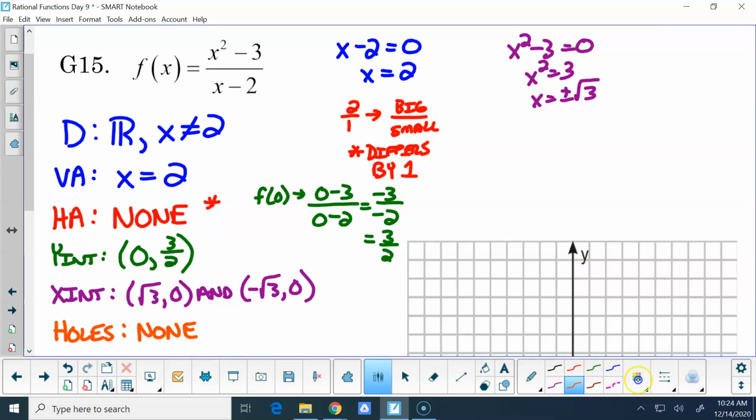Step 6 says we need to find the slant asymptote. So we're going to take x minus 2 and divide it into x squared plus 0x minus 3. Now we can do that long division way, or we can do that synthetic division way.